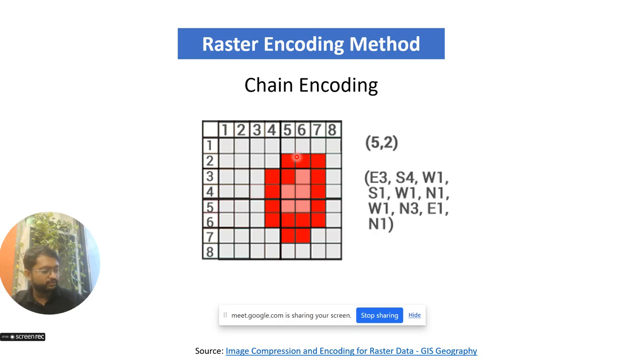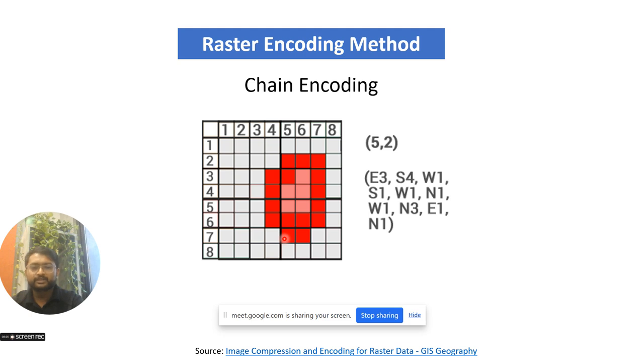So here is how we do the encoding. Say we are starting from here: we go eastward 3 steps, then move towards the south and go 4 steps, 1, 2, 3 and 4. Then we take a turn towards the west, one step, then another south, then another west, one step.